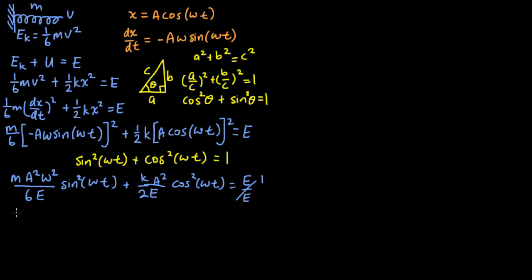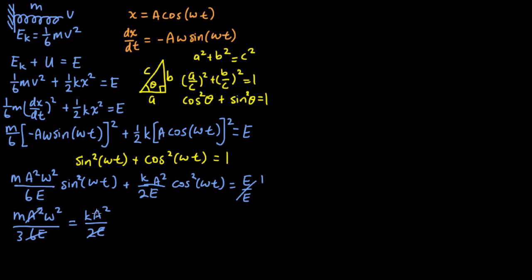So let's write that. m a squared omega squared divided by 6E equals k a squared over 2E. When we multiply this side by 2E, this equals 1. And when we multiply this side by 2E, this equals 3.